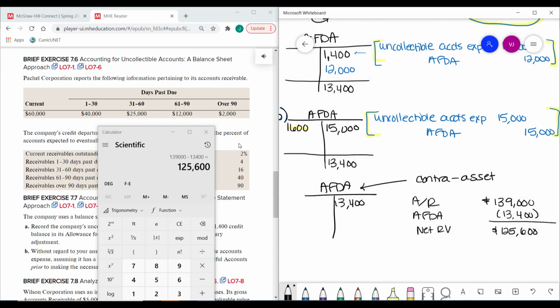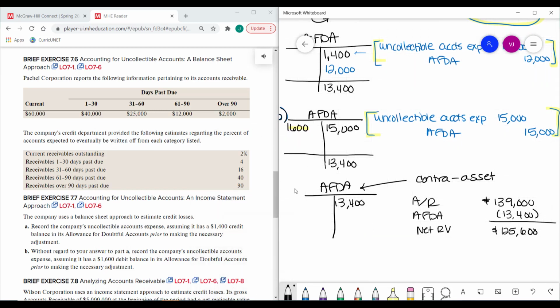Okay? But you've already recorded the expense of any possible accounts receivables to be deemed uncollectible, okay? But now, as you move into the future, let's assume that there's an accounts receivable of $2,000 now that you have to write off in the new year, right? A month later, right?